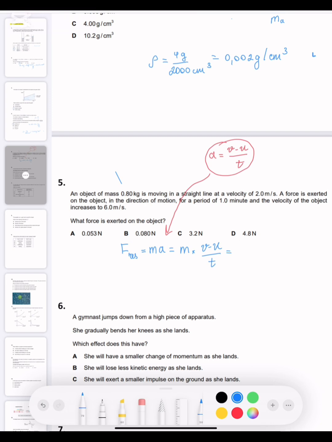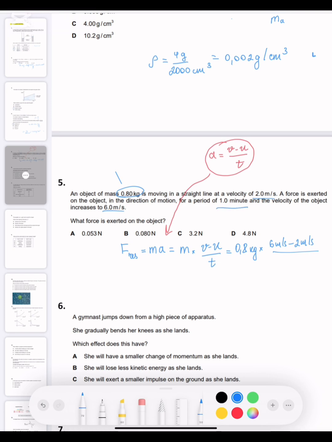Now, let's substitute the known values. Mass is given 0.8 kilogram. Final velocity is 6 meters per second. Initial velocity is 2 meters per second. And time is 1 minute.